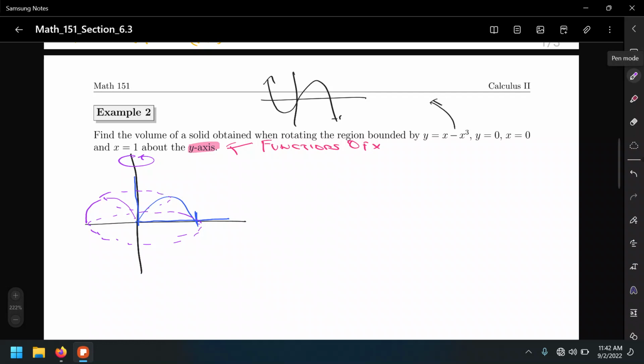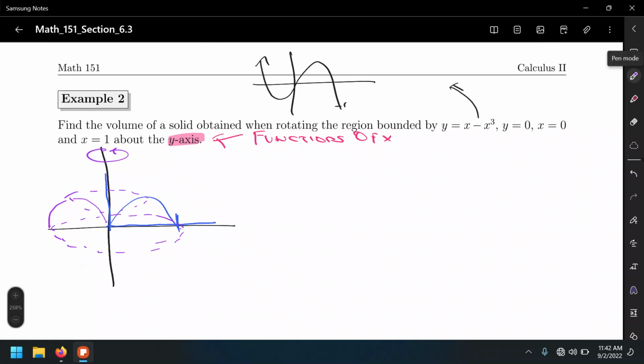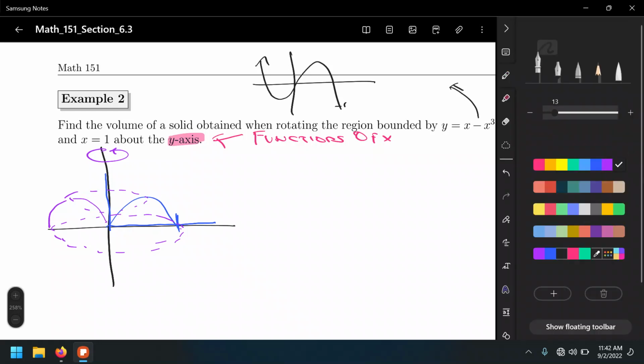Now coming back to the question before: in the previous example the outermost point was x equals 4, but in this case the outermost point is different depending on how high we are in the shape of the graph. So we're going to do the top minus bottom.